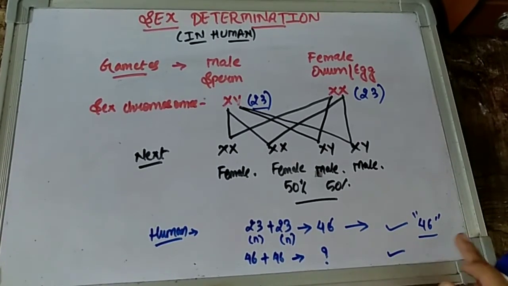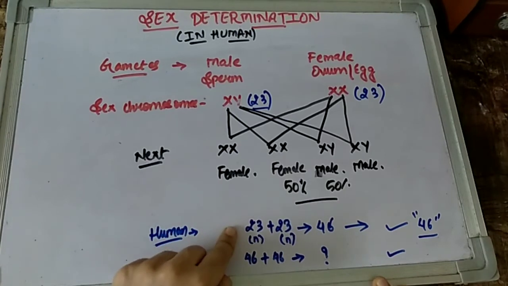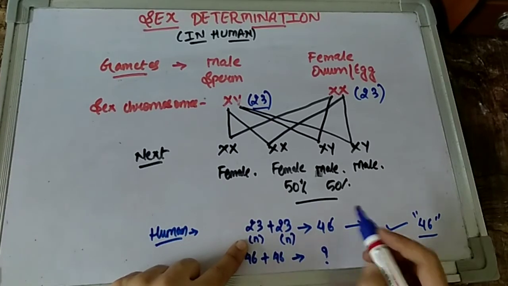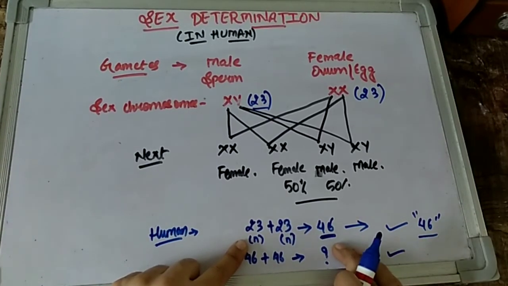The number would be very high and it would not get restored to the normal condition. So that's one of the reasons the gametes are haploid: so that they can combine during sexual reproduction and restore the normal condition of chromosomes in humans.